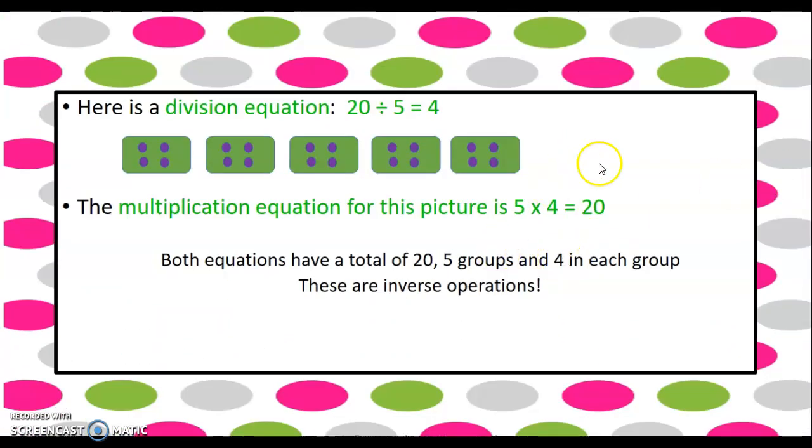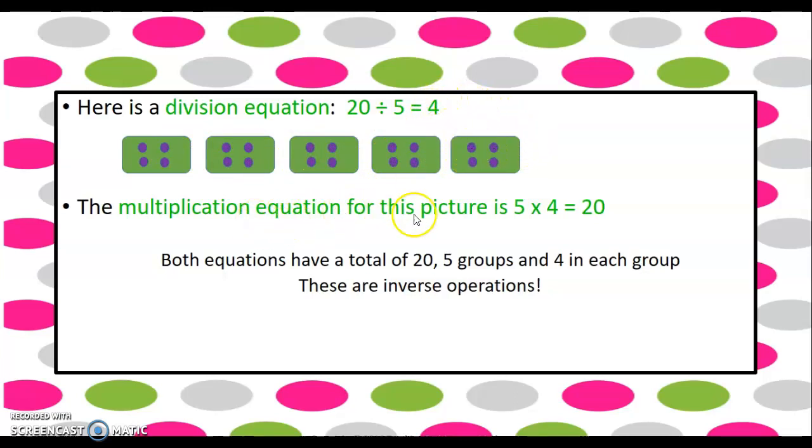So here's another example. Here's a division equation for 20 divided by 5 equals 4. So I had 20 dots. I divided them into 5 groups, and that gave me 4 in each group.